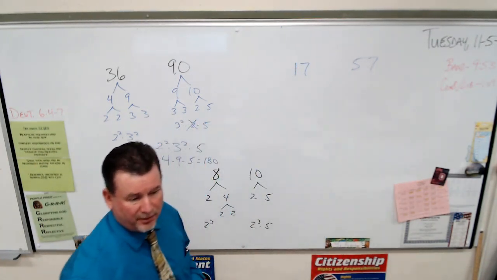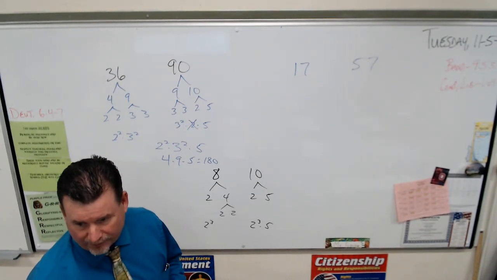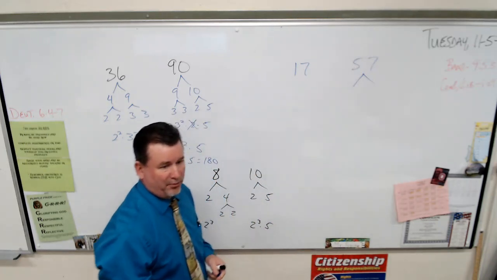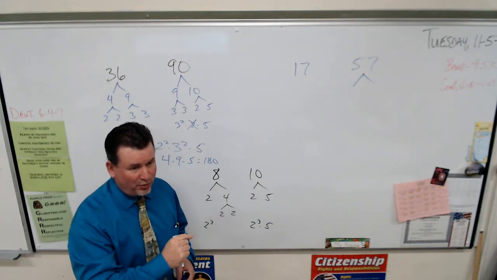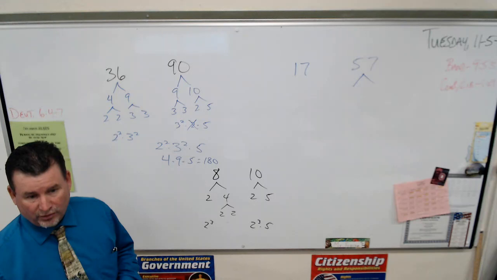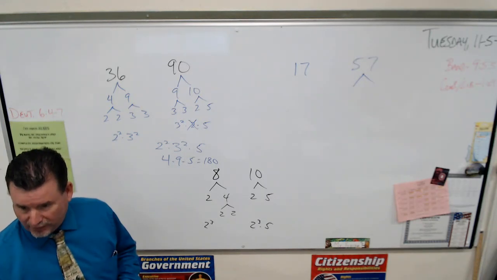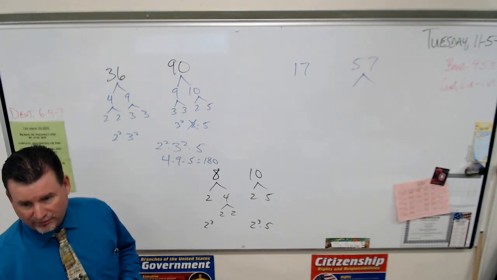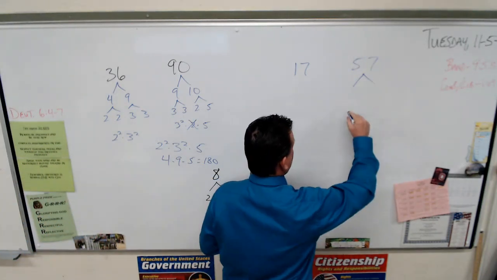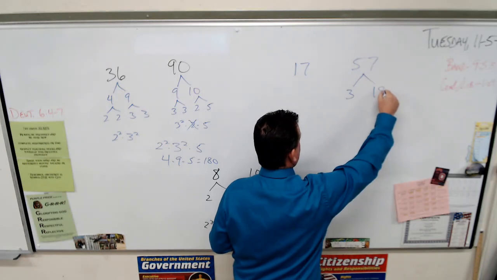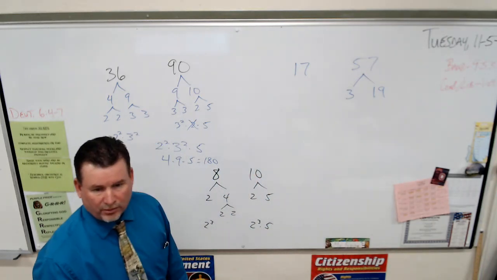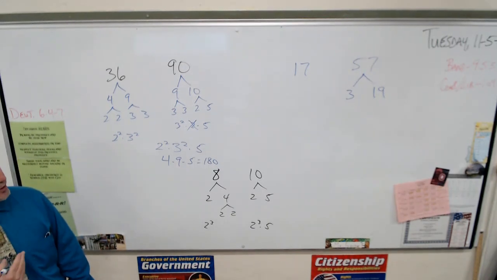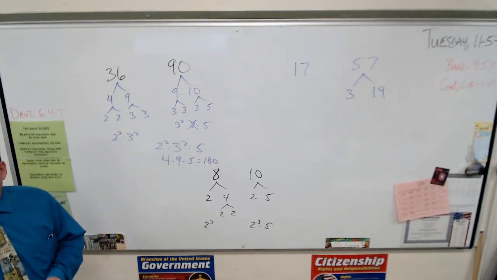17 is prime. I don't know any times tables to go to 57, but I do know 5 plus 7 is 12, so I know 3 goes into 57. I just don't know how many times yet. So somebody tell me, how do I find out the lowest common multiple between 17 and 57?